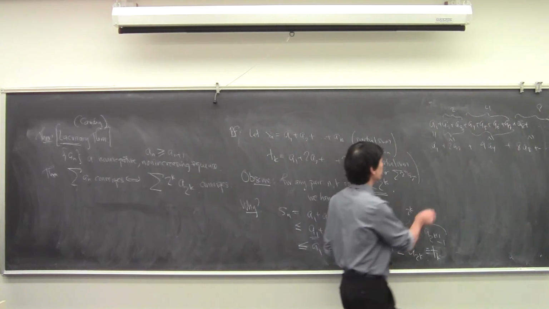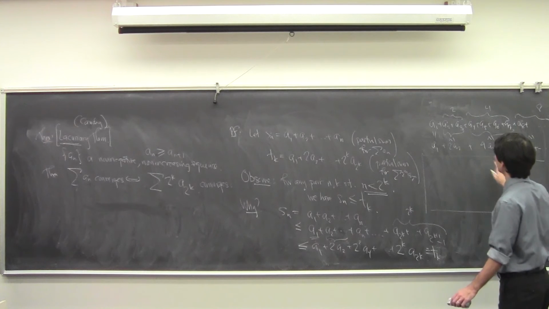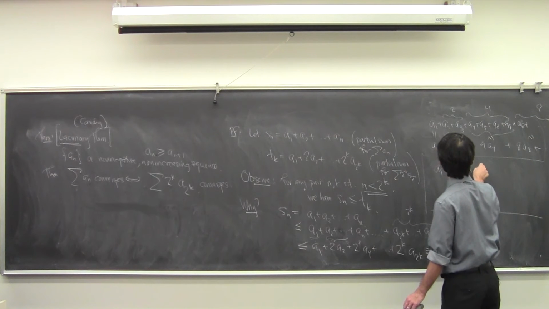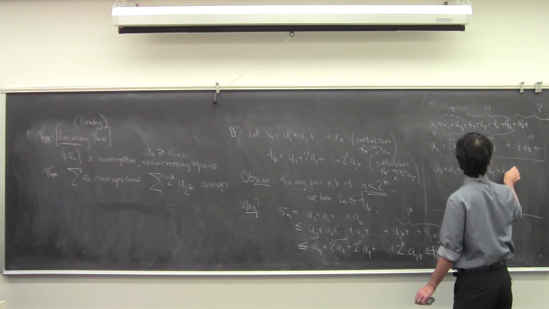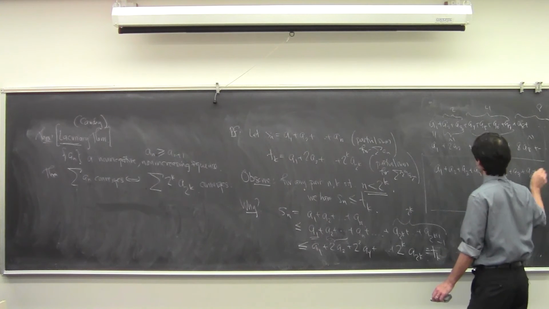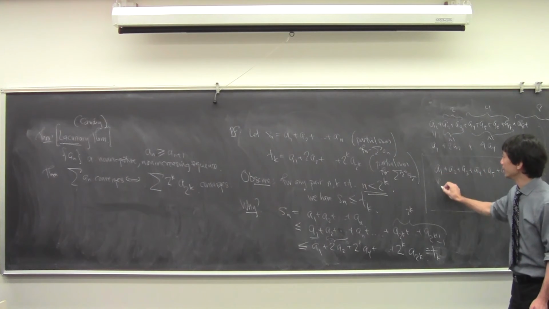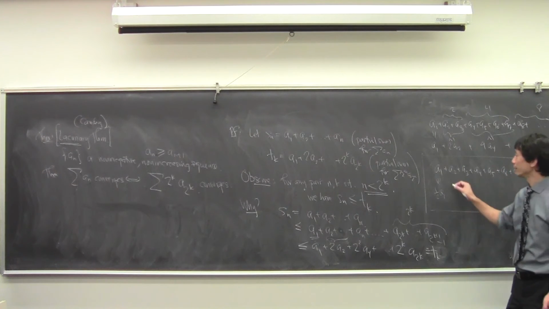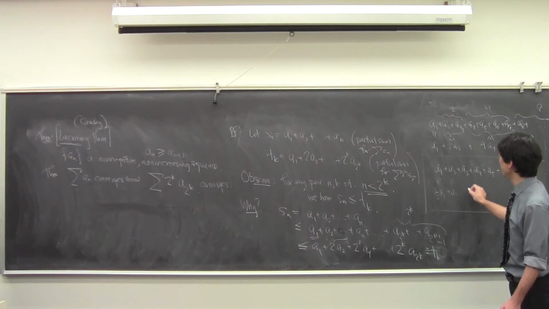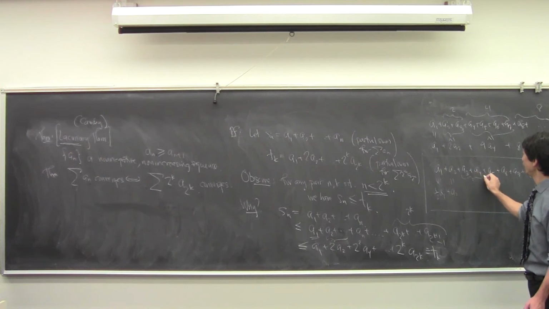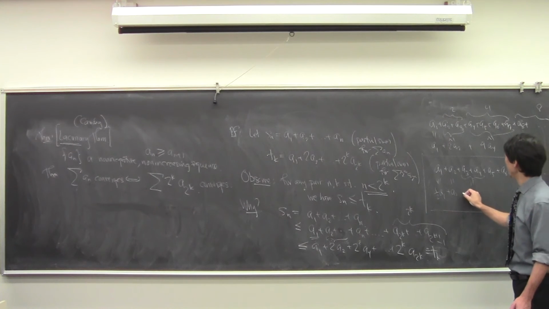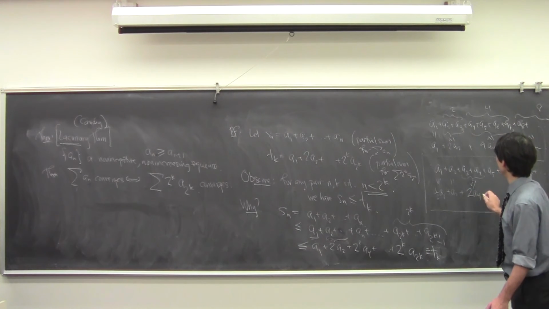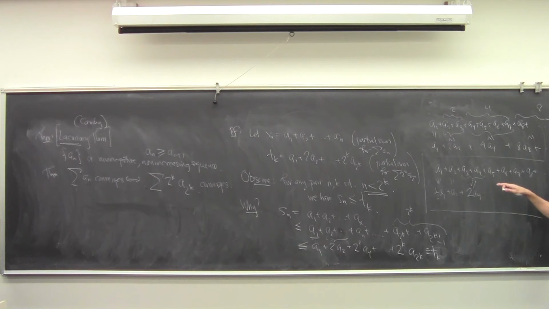And then the other way around, basically, you just do something similar. You say, well, look, if I look at something like this, I know the first term is bigger than 1/2 A1, the second term is A2. If I take these guys, this is bigger than 2A4, because they're decreasing.